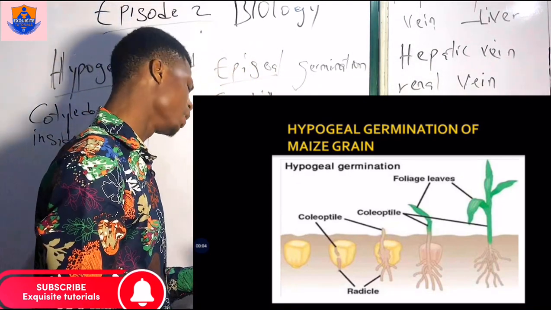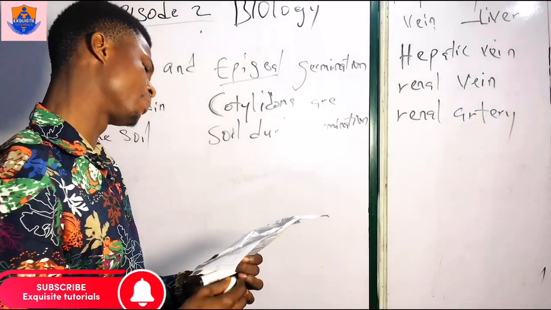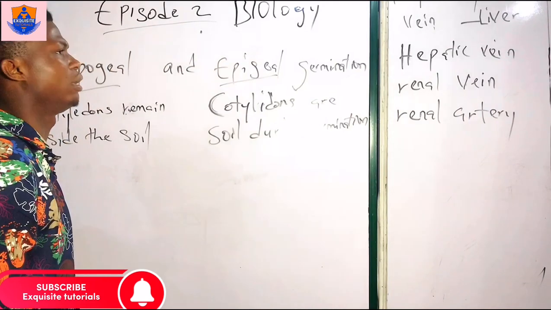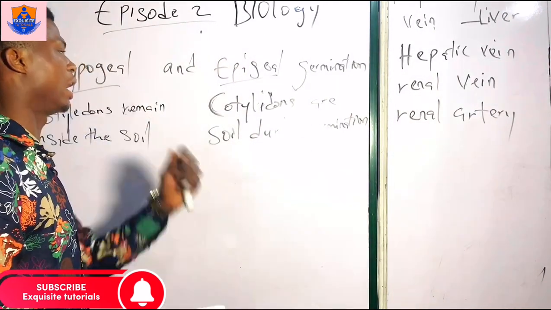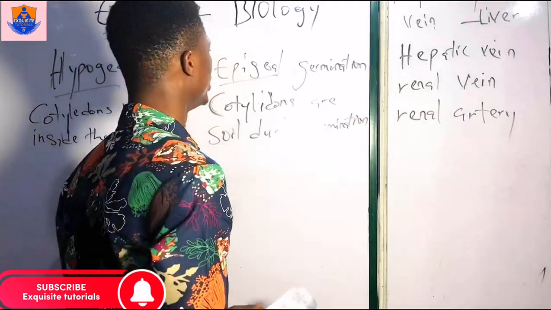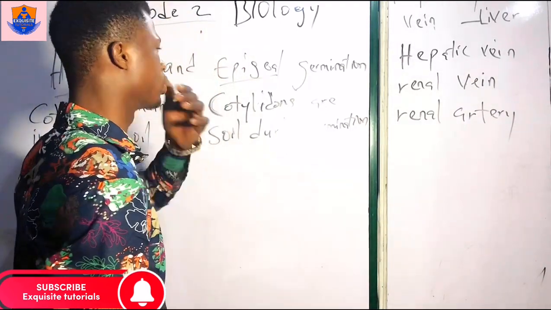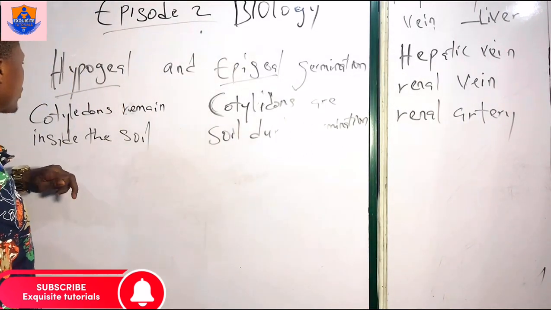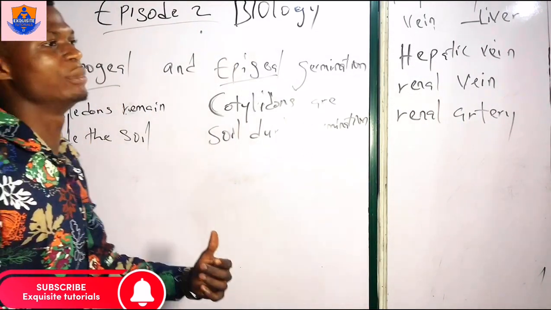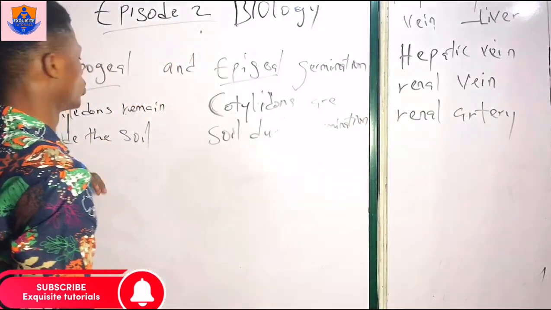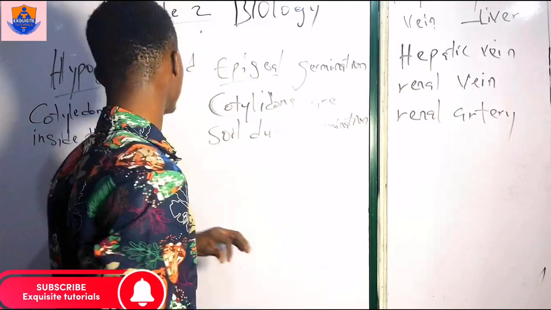Now, we talked about the elongation of the epicotyl and elongation of the hypocotyl. In plants, there is what we call the plumule and the radicle. The radicle is an attachment to the root. The radicle is what forms the root.